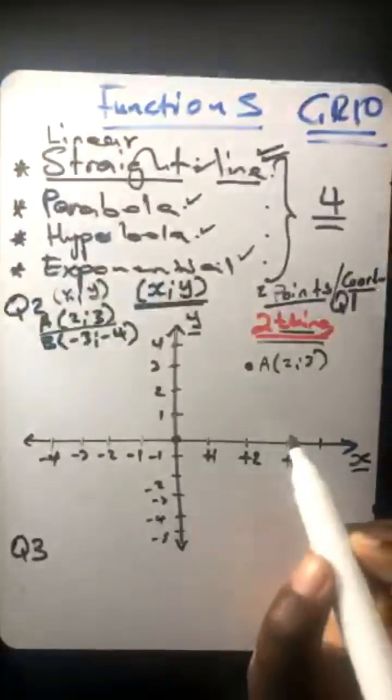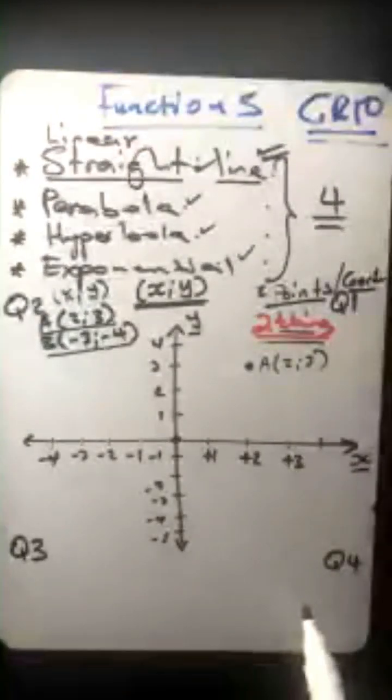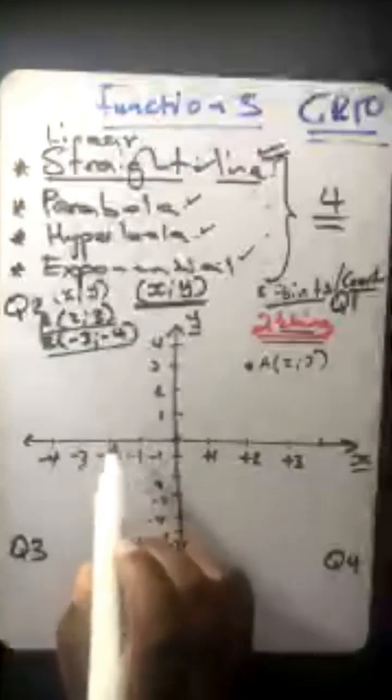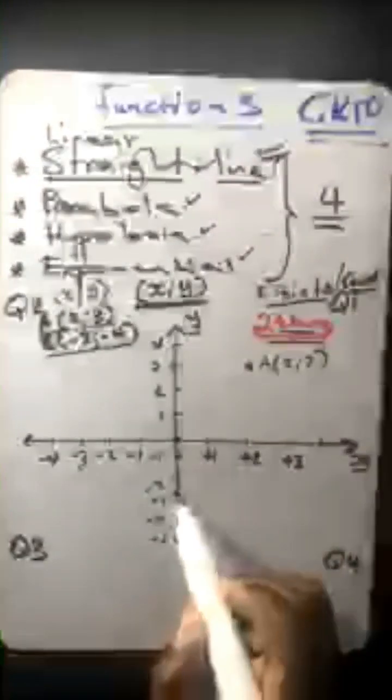So now let's try to locate that point. So at that point, that's where you have your X being negative 3. Let's see, negative 1, negative 2, negative 3, where Y is negative 4. Negative 1, negative 2, negative 3, negative 4. So that point is that one there.